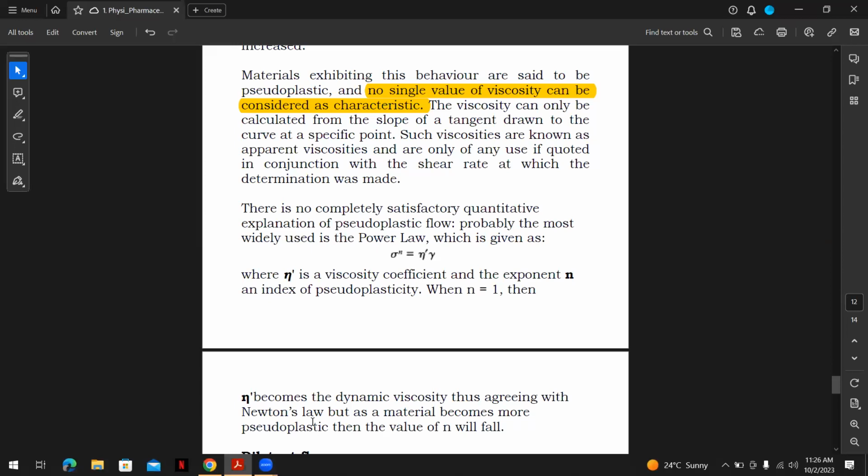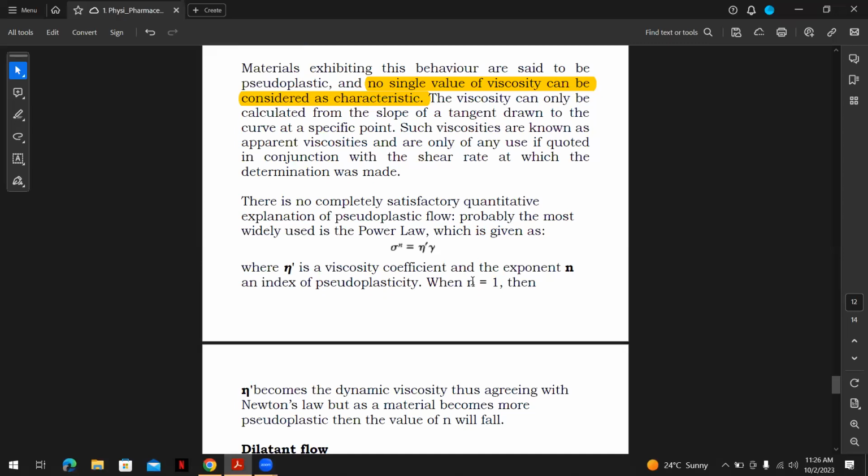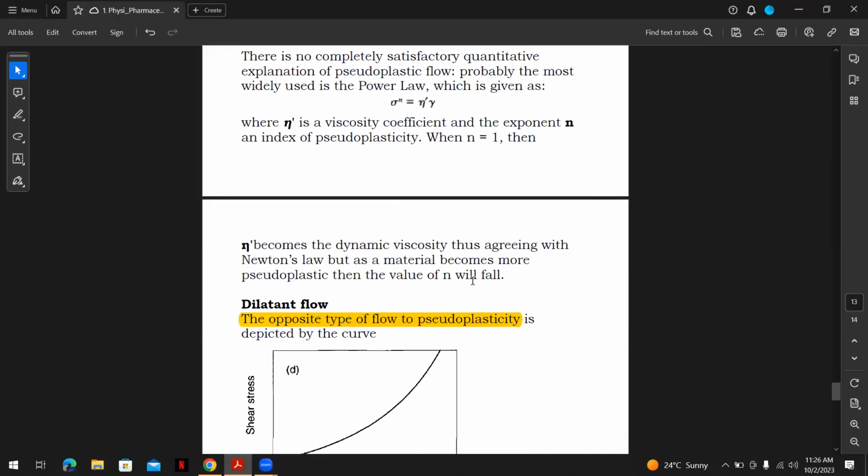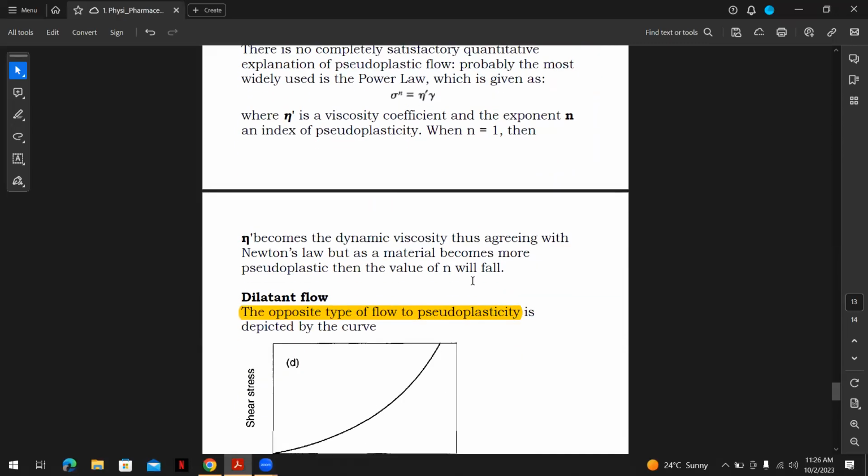But as a material becomes more pseudoplastic, the value of n will fall. So when the value of n equals 1, it's not pseudoplastic flow. It becomes dynamic viscosity, and it will agree with Newton's law, which of course doesn't occur with pseudoplasticity.